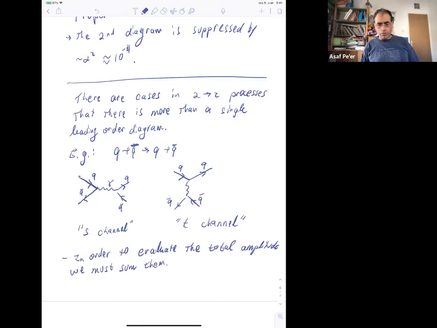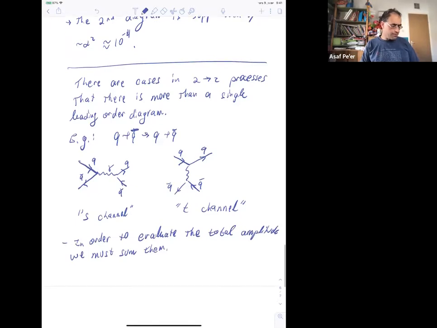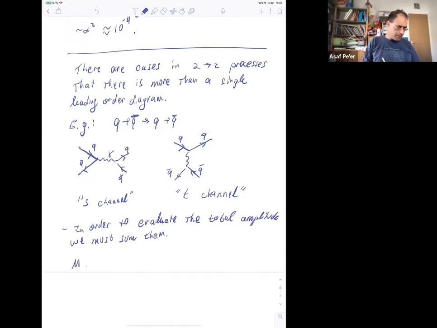This is true for all orders in perturbation theory. So M is the sum over i, which is in order 1, of M_i, plus the sum over j, which is in order 2, of M_j, plus the sum over k, which is order 3, of M_k, plus whatever.